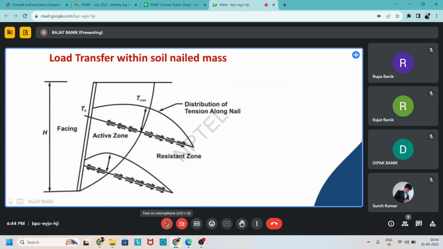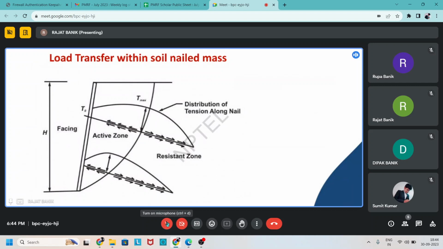There are two zones given here: one is the active zone and the other is the resistive zone. The active zone is the failure zone, where the soil fails due to some external forces or loose or compacted fill. The slope fails in the active zone, and another portion of the slope resists this active zone.